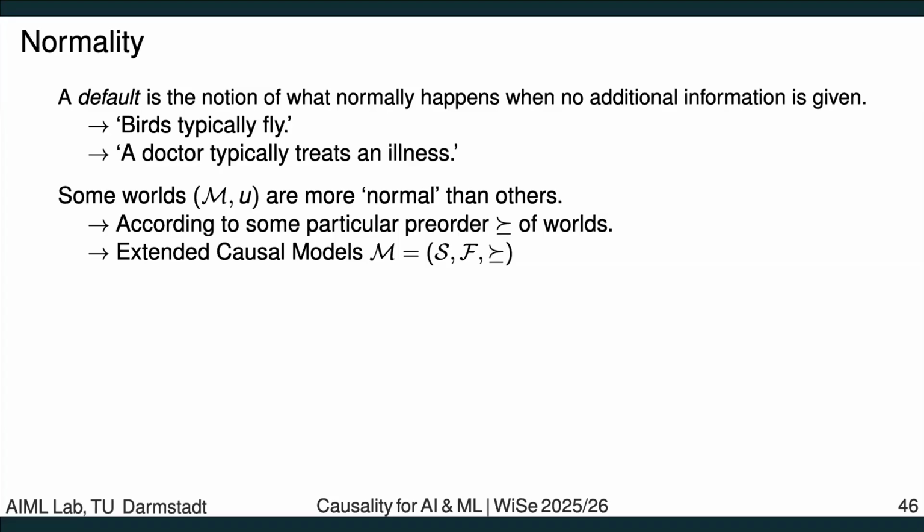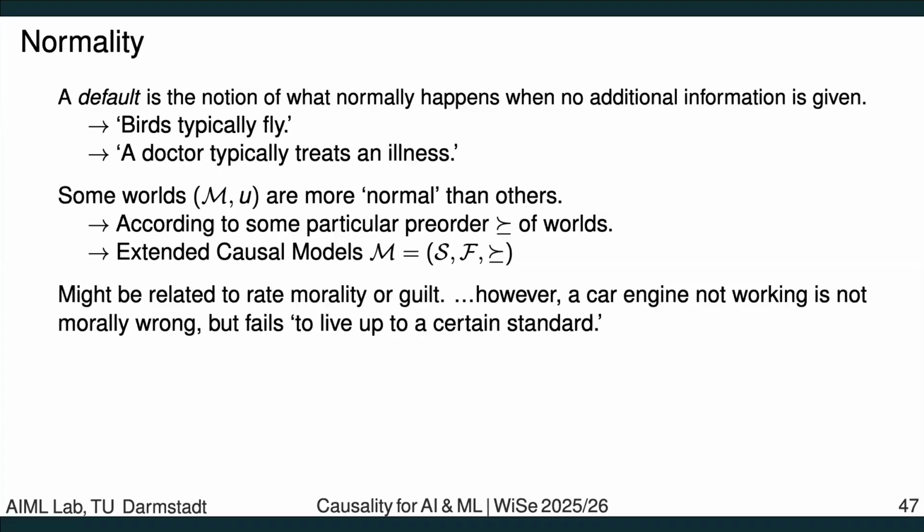We can have this pre-order of worlds, which is mostly the same causal model, but with different configurations of U, of this variable setting that we consider normal or by default. And as I said, it might be related to morality or guilt, but it can also be expectation. So a car engine not working is maybe not the default expectation, depending on where you are. If you are at a car repair or whatever, then probably you see those more often.